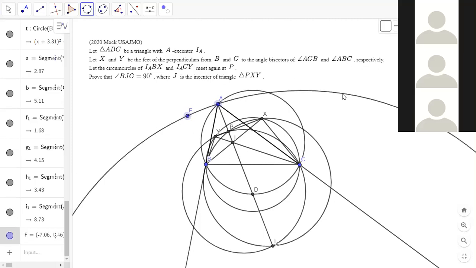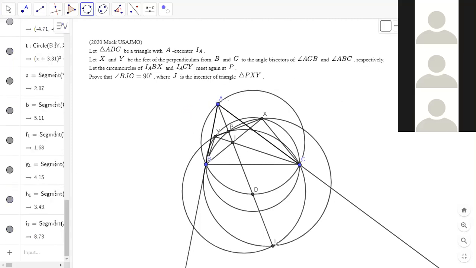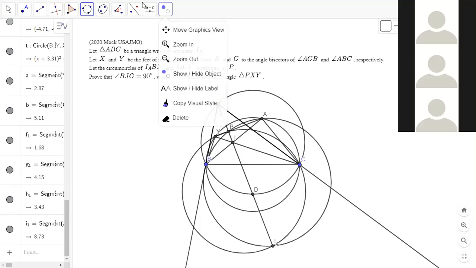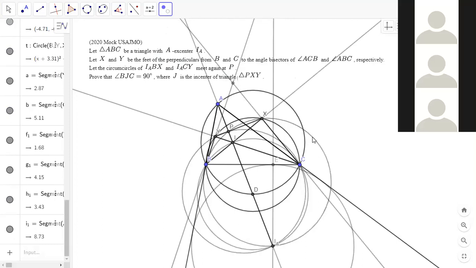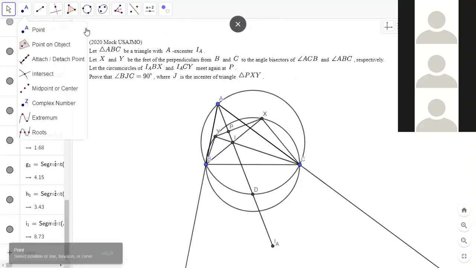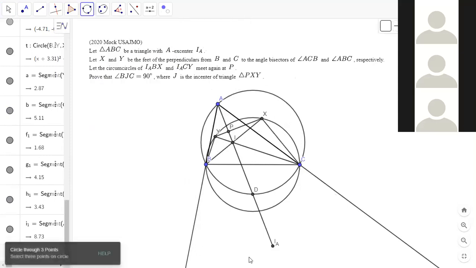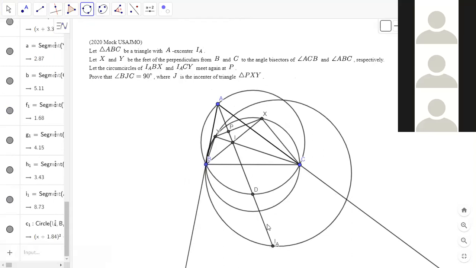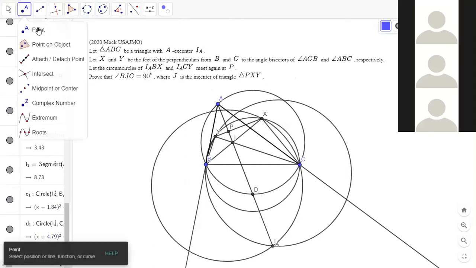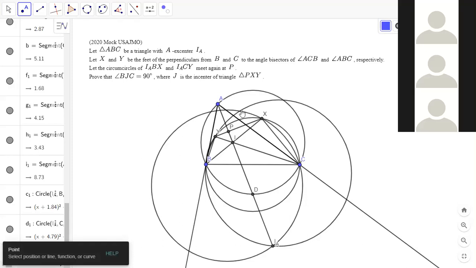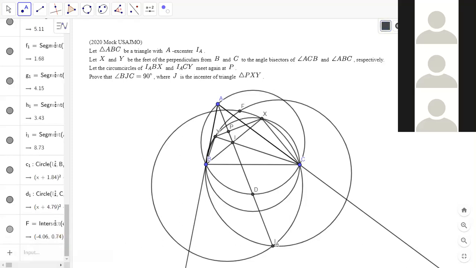Okay, so maybe it's IABY and IACX. Okay, so that's true by power of a point. Okay, so maybe for the incenter of FXY, maybe they just wrote the problem wrong.